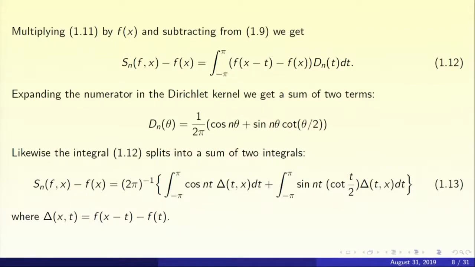Before we take up the second piece, the more troublesome part, let us deal with the first integral appearing in equation 1.13. That can be settled quite easily using what we call the Riemann Lebesgue lemma.